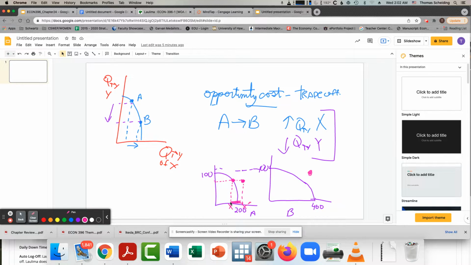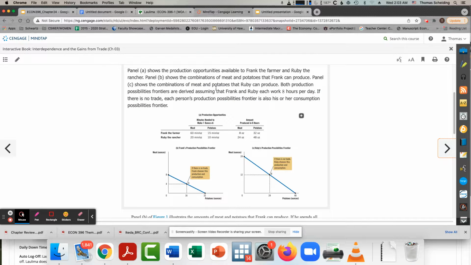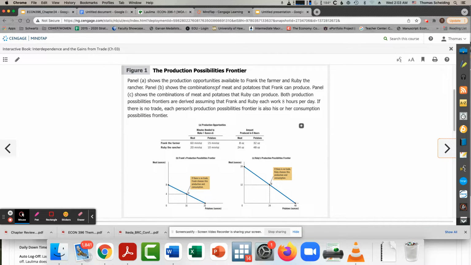Okay, so now let's look at Frank and Ruby. Frank the farmer and Ruby the rancher. The difference here is that they have straight line PPFs.